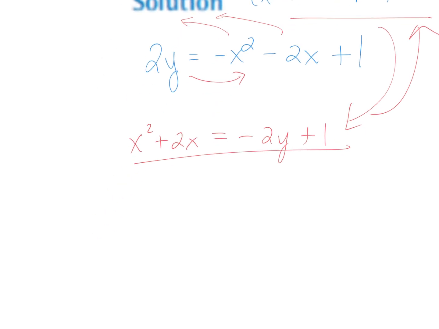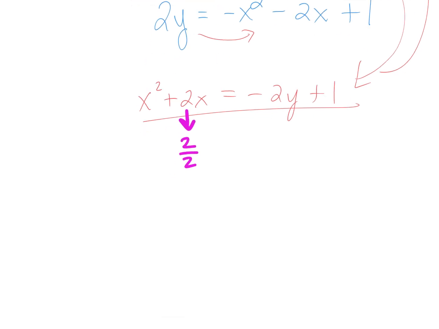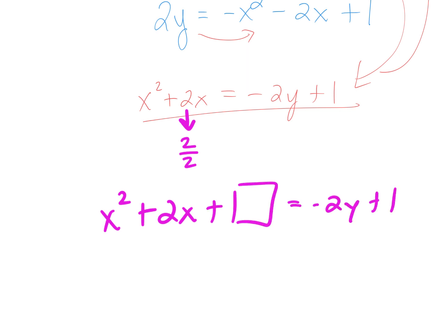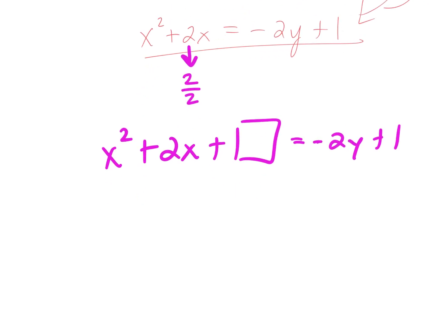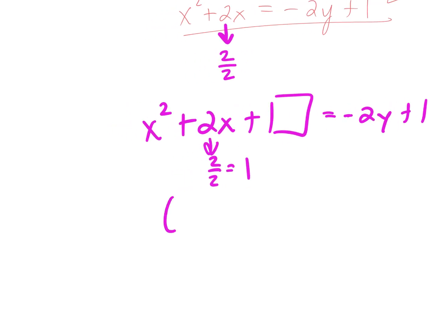So if I'm going to complete the square, I take this b term and I divide it by what? Okay, so I have x squared plus 2x plus the box, right? Equals negative 2y plus 1. When I divide 2 divided by 2, that tells me everything I need to know. 2 divided by 2 is 1. All right, so what is going to go inside my parenthesis here? Okay, so plus 1, and this is squared, right?